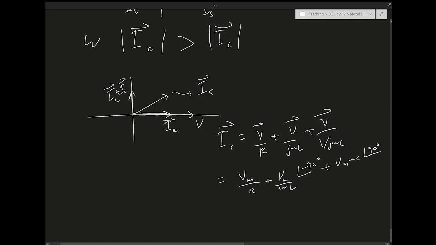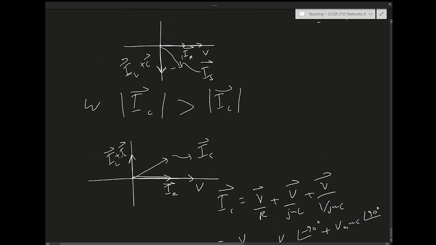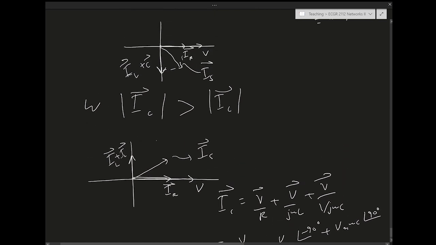Okay, so this shows me that depending on omega, IS is going to be in this upper right quarter of the plane, or this lower right quarter of the plane.